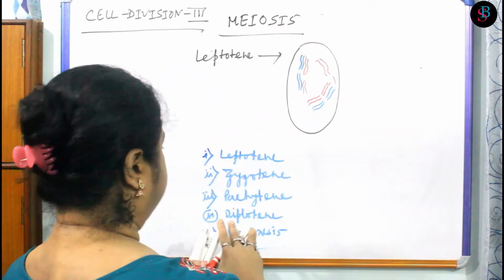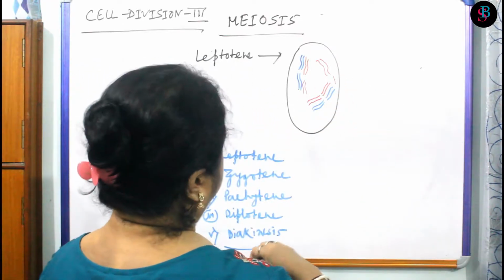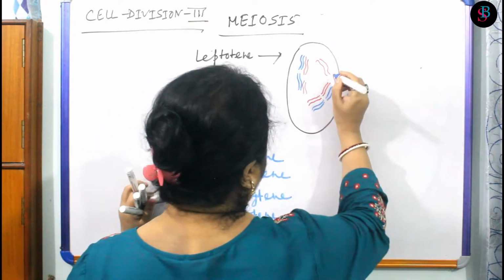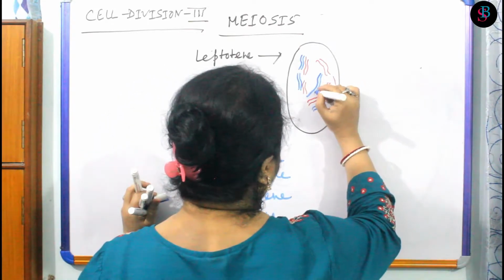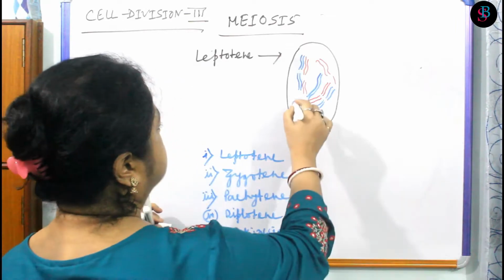So here the cells are forming the thread-like chromosomes.